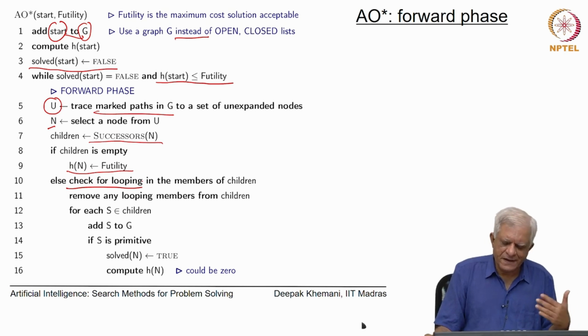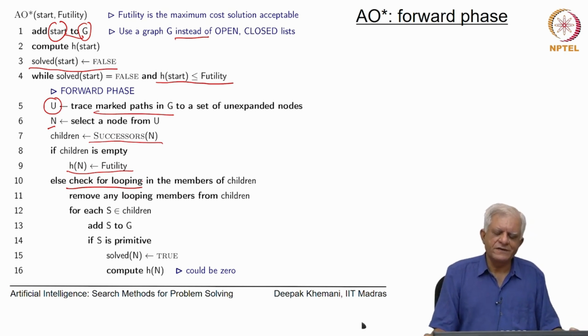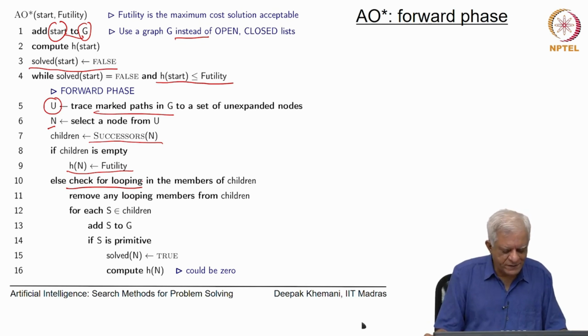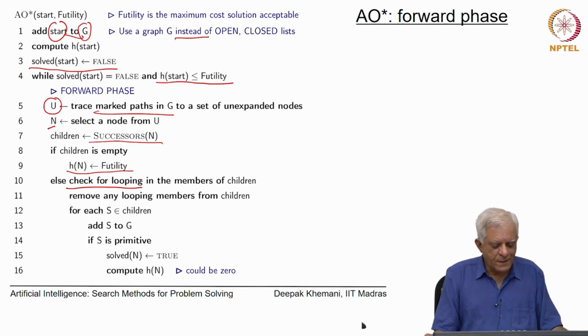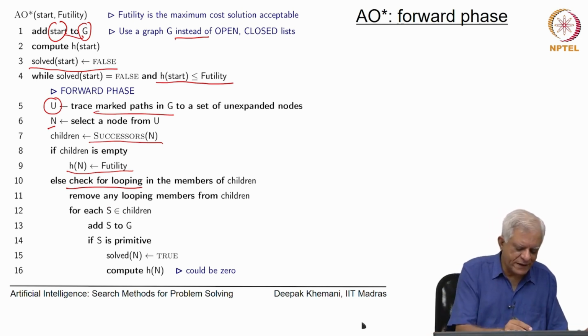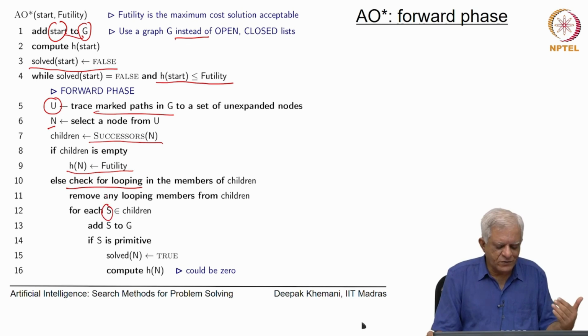Of course, like it happened in the case of DFID, if we keep looping and we keep adding edge costs to the solution, then eventually your attention will turn away, but you might as well catch looping earlier if it is possible. So, if there is any looping, then you remove looping members from the children. Now you are left with a set of children S that you will explore.